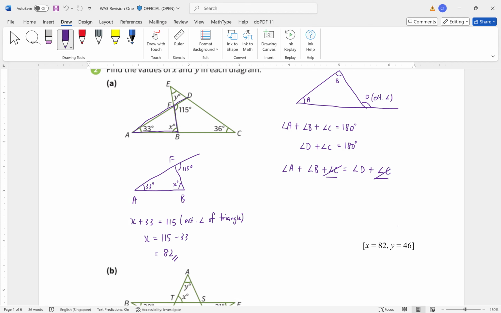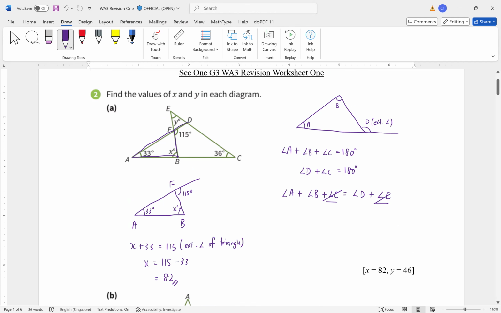Now that we have found angle X, can we use something similar to find angle Y? After a while of thinking, you should be able to notice once again that angle Y is an interior angle, and you have 36 as the other interior angle.